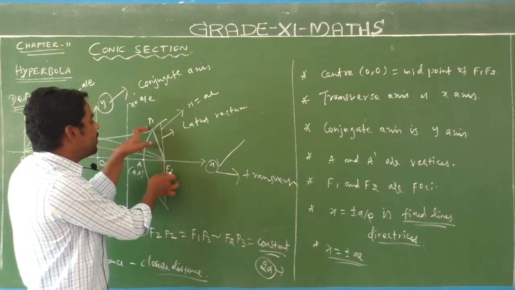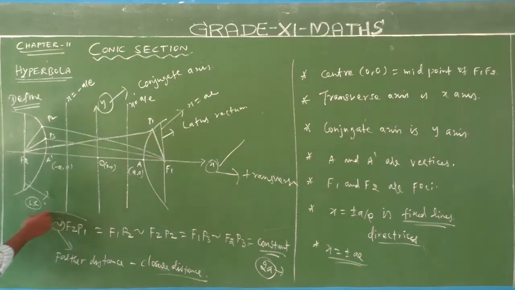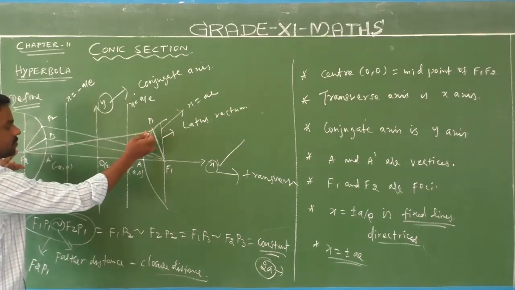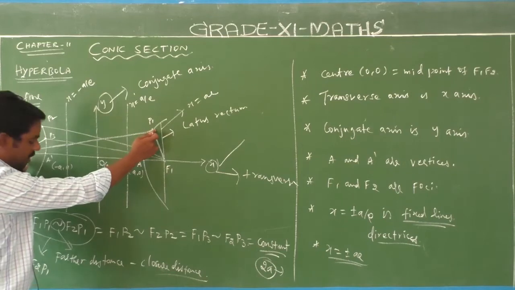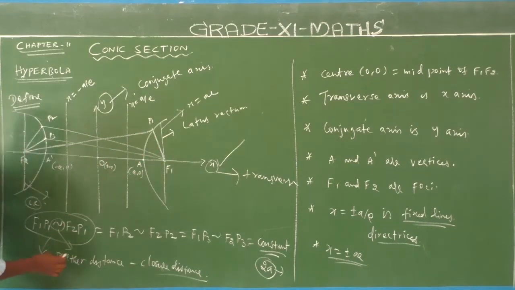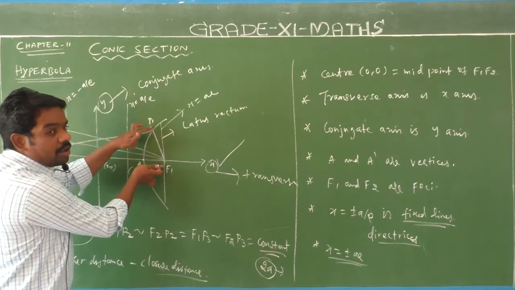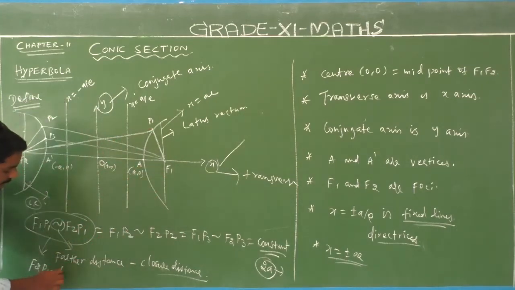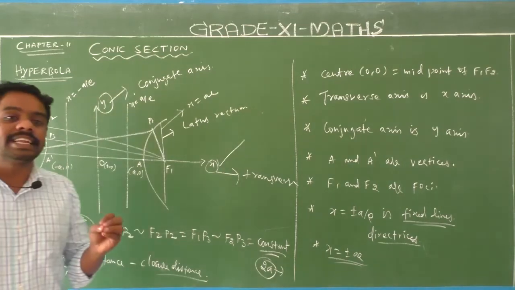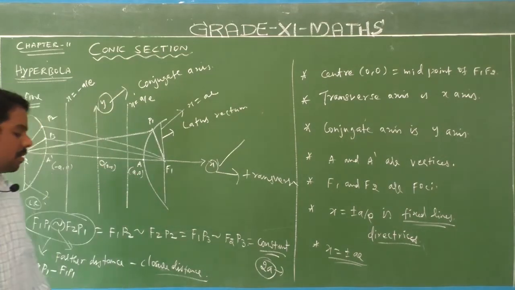So the difference between F1P1 and F2P1 is F2P1 minus F1P1, the longest distance minus the smallest distance. This value is one constant, and that constant is a positive value.